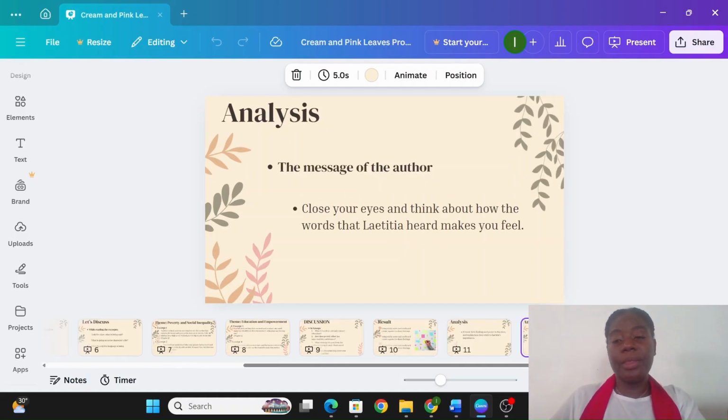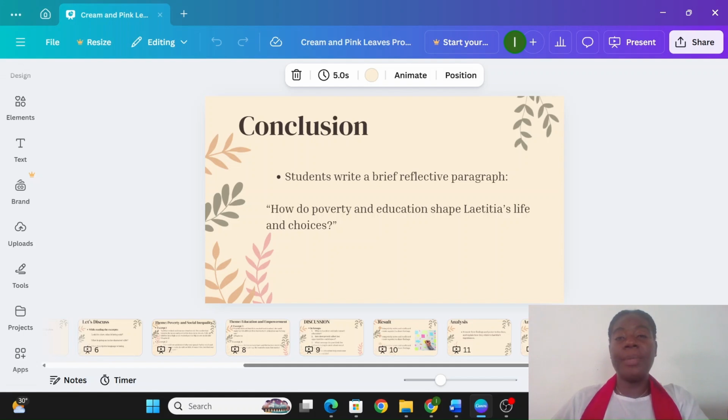So this is the message. Ask them to visualize what they think the words that Letitia Hoard makes her feel, and also it will help them to put themselves in a position to better understand who Letitia was, how she was feeling, and based on what she was going through.